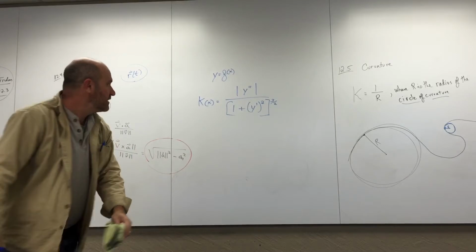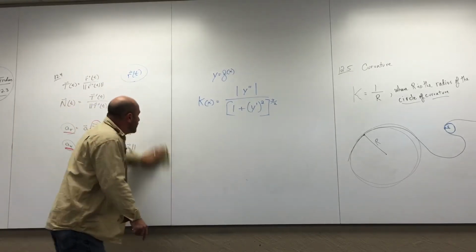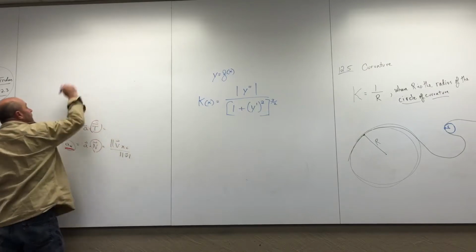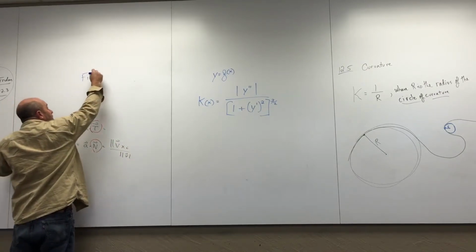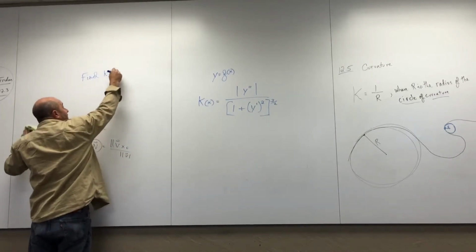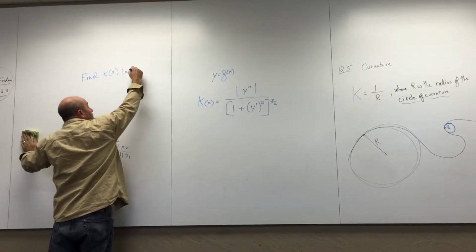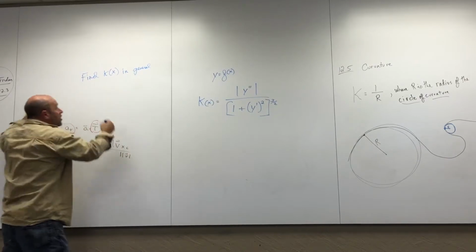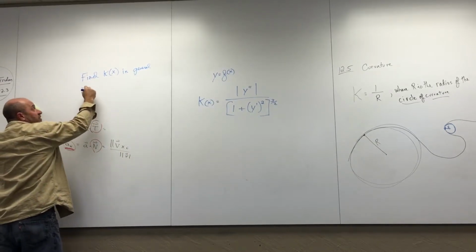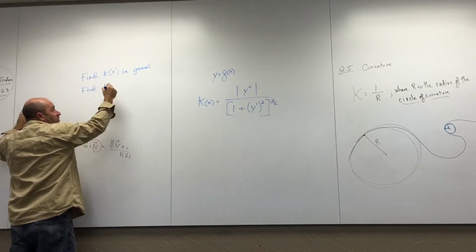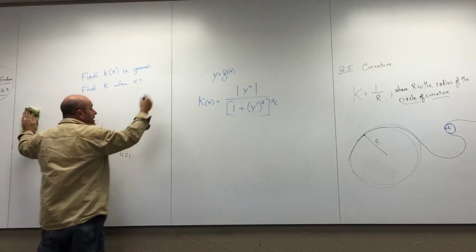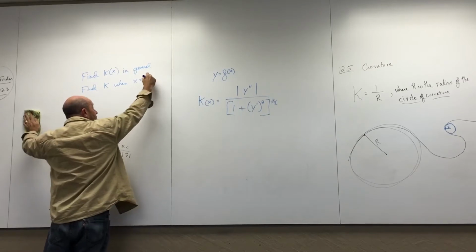Let's just try an example. Let's find the curvature. So I guess maybe two things. Find the curvature function in general. That would be the curvature at any point x. But then you could also find the curvature at a certain point. Find k when x is 3.